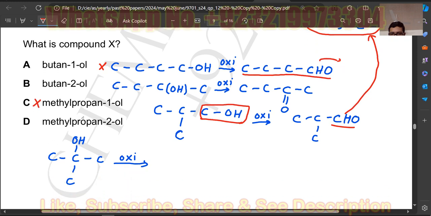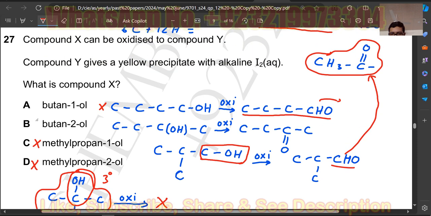The D option is methyl propanol. This is the formula of methyl propanol. Now, when it is oxidized, it is not possible to give the product because it is a tertiary alcohol, and tertiary alcohol cannot be oxidized. So there will be no reaction possible, and we cannot find the positive test. Now comes the B. B is butanol.